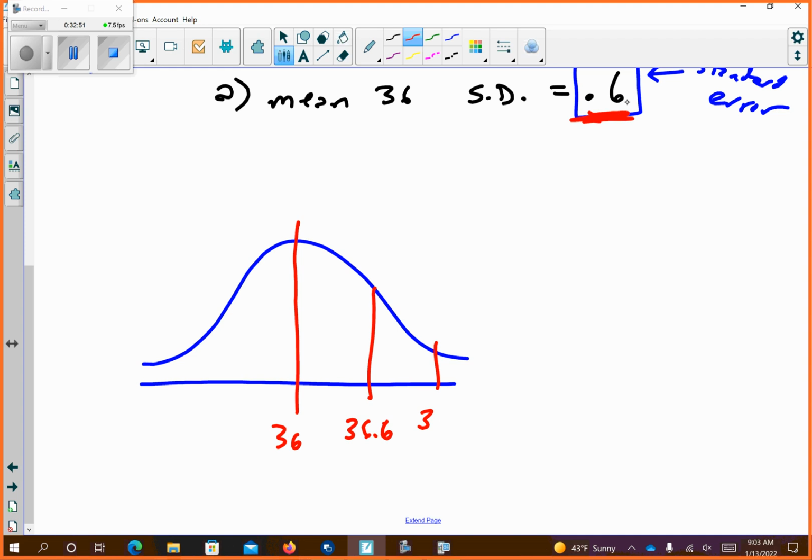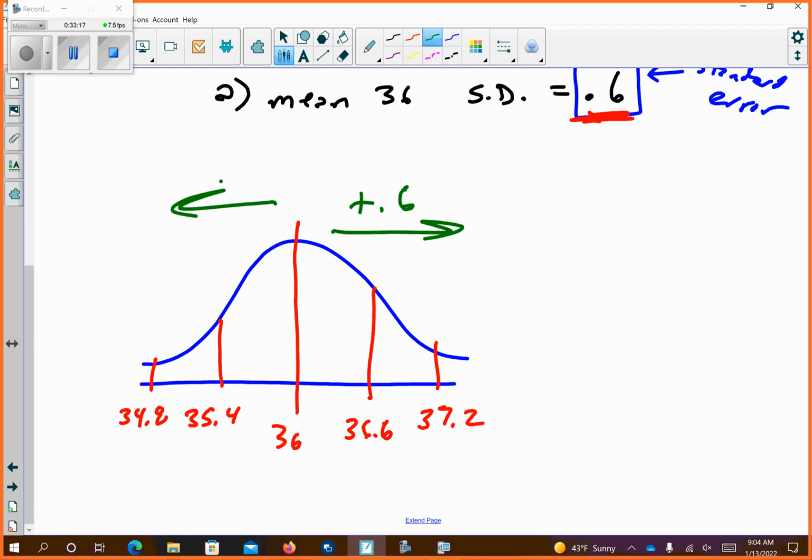If we went to our original problem, yeah, you add 6 each time. But now we add the 0.6. So this becomes 37.2. This becomes 35.4. This becomes 34.8. So basically, if you're going this way, you're adding 0.6. If you go this way, you're subtracting 0.6. You're doing what your new standard error is.